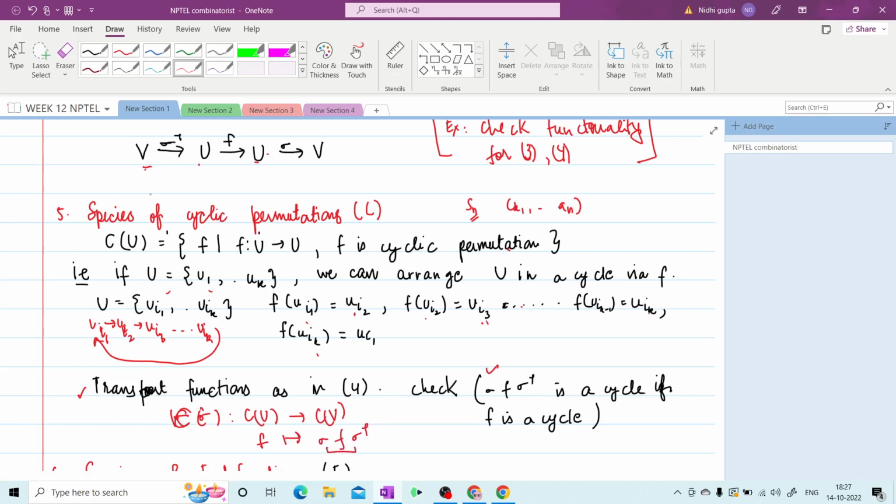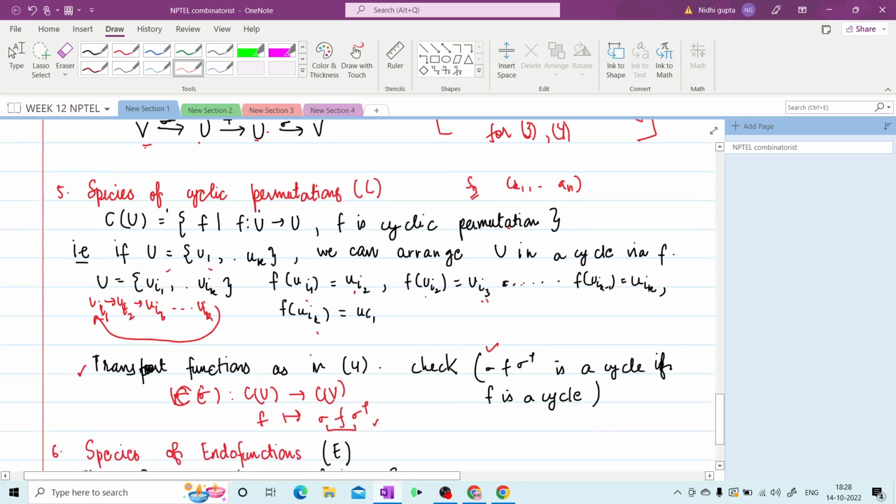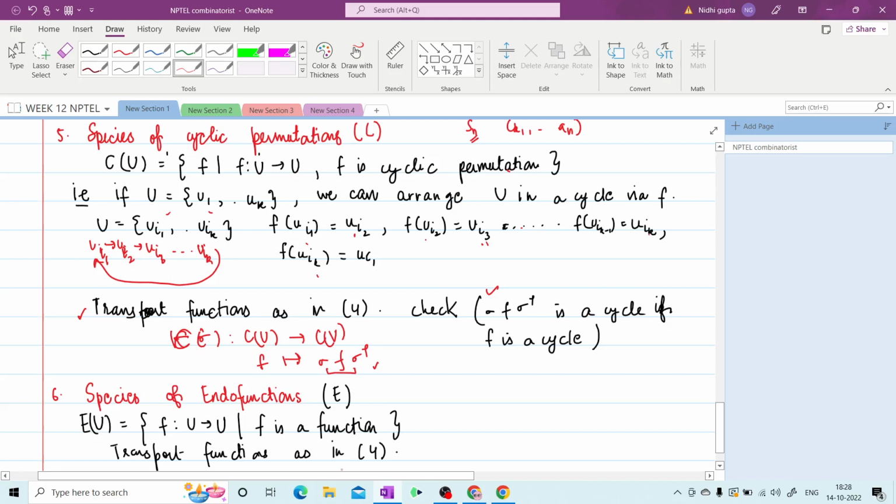From the previous question 4, because each of these was a bijection, this is a permutation. In the last tutorial we showed that a cycle goes to a cycle, so in the same way sigma f sigma inverse also turns out to be a cyclic permutation. So this function is well defined, and this is the transport function. Here also check functoriality.